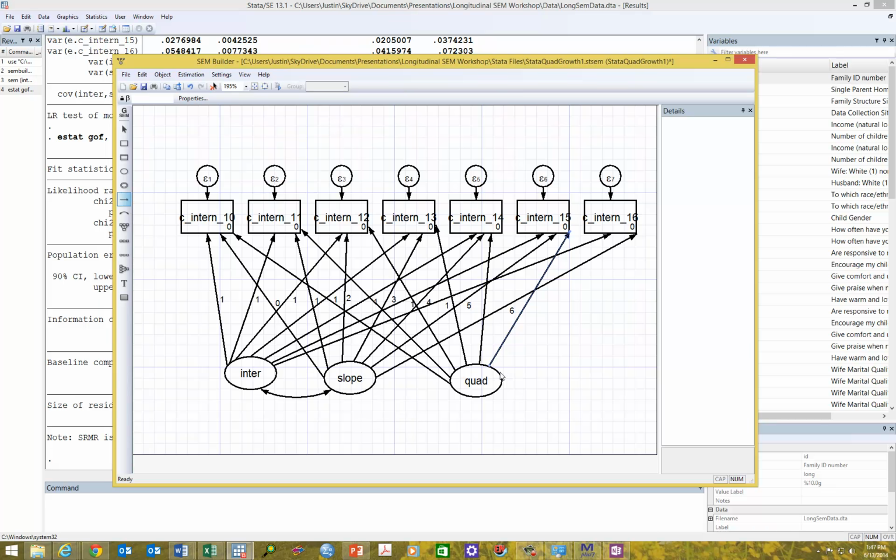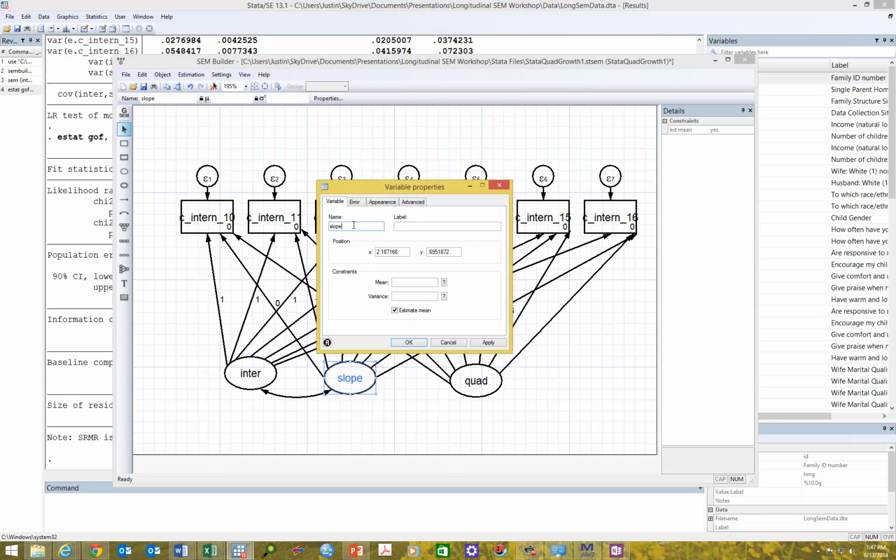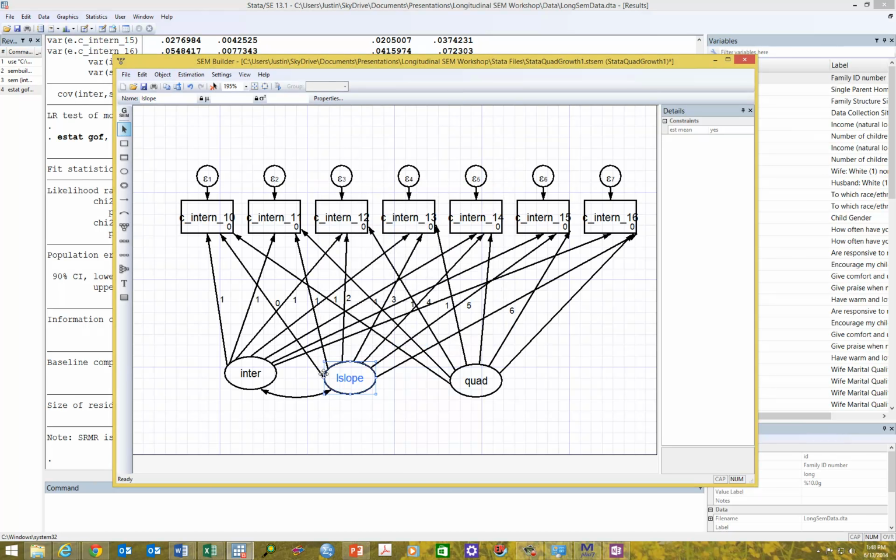In fact, I'm probably going to rename this from slope to linear slope because it helps me keep things straight. Not that I necessarily have to do that, but I like to have that linear slope, because technically this quadratic variable here is also a slope. It's just a quadratic slope.